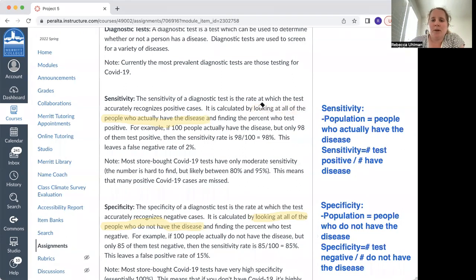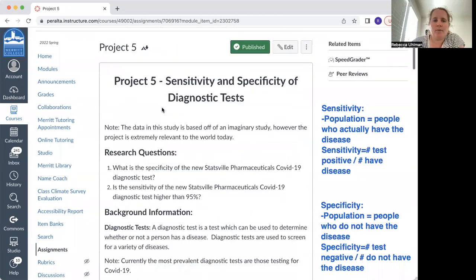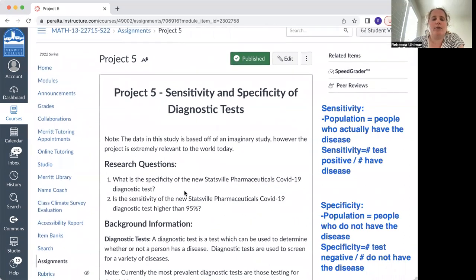If we go back and look at the research questions, now that we have the vocabulary, our two research questions are, number one, what is the specificity of the new Statsville Pharmaceuticals COVID-19 diagnostic test?